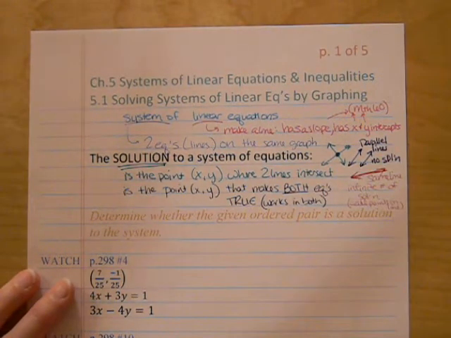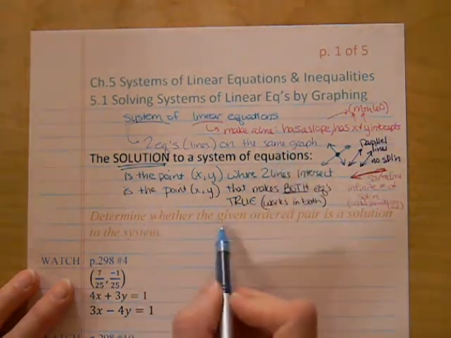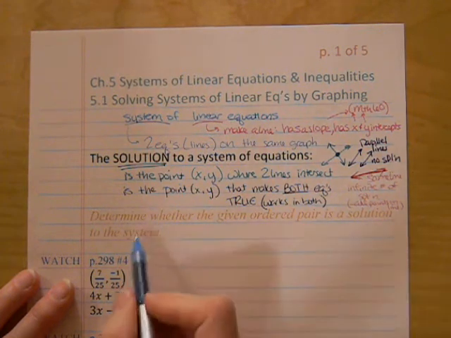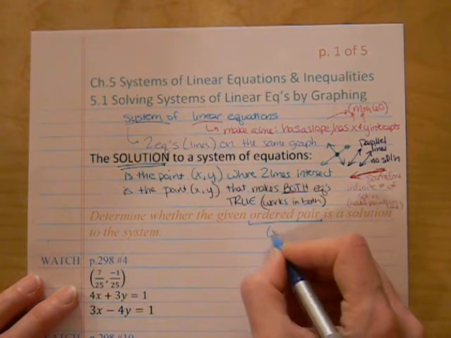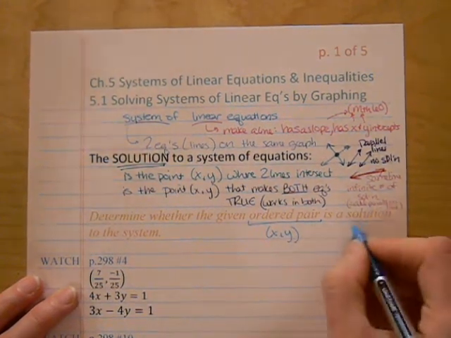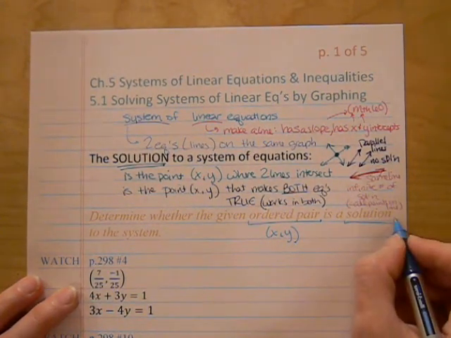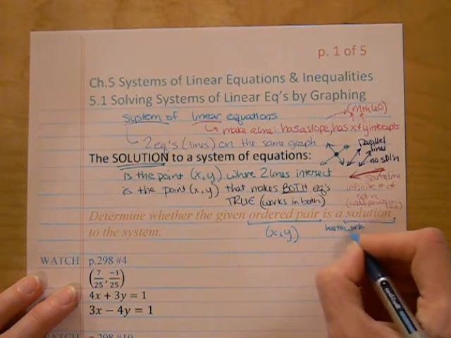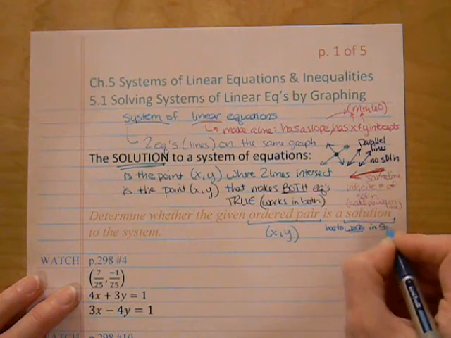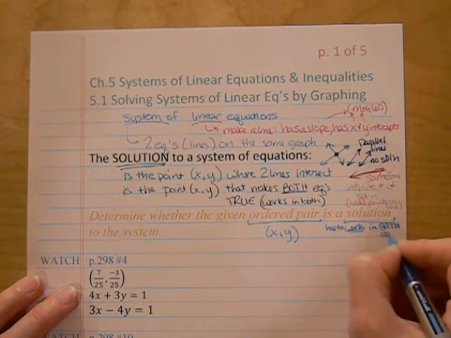So our first set of examples have these instructions: determine whether the given ordered pair is a solution to the system. The key words here are the ordered pair, so we're looking for an x, y, and we're seeing if it's a solution to the system. It means it has to work in both equations. It has to make both equations true.